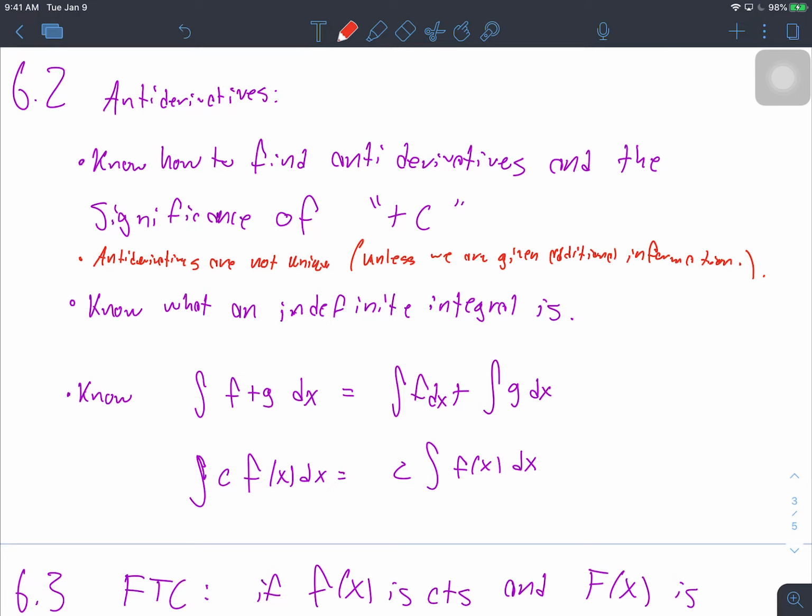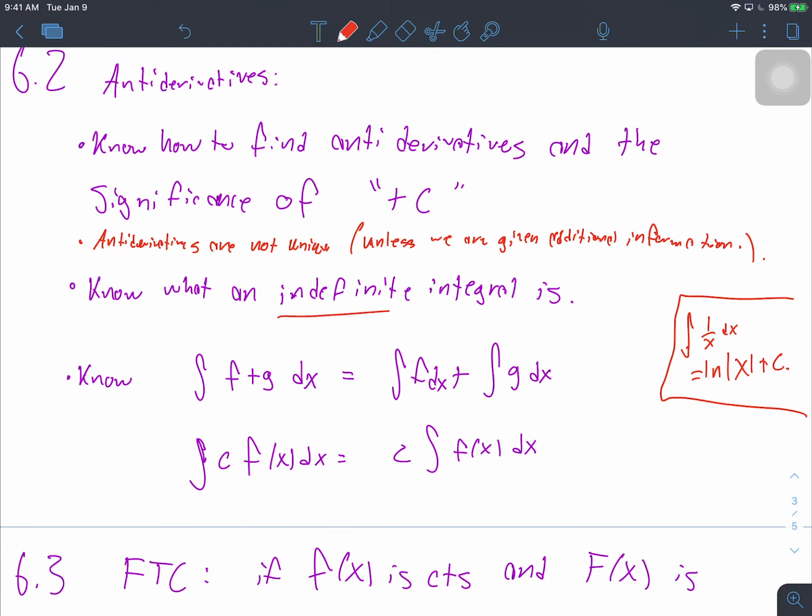And you should know how to find the antiderivative of 1 over x. So remember, the integral of 1 over x dx is ln of absolute value of x plus c. So that's one thing that I'll write down. The other ones, I'll leave it to you guys to check the book or our notes.